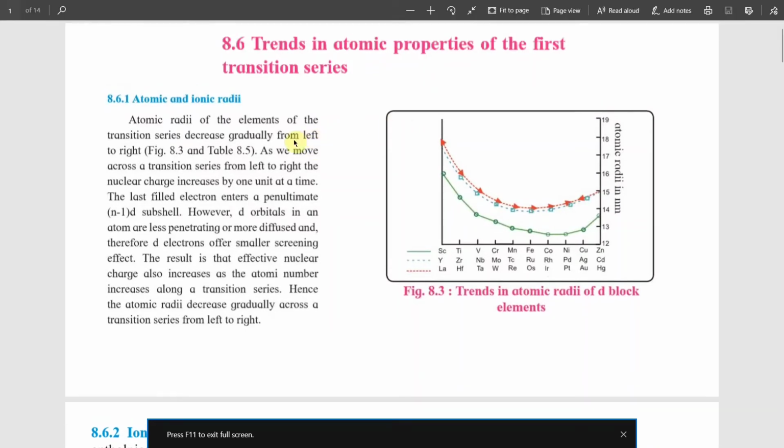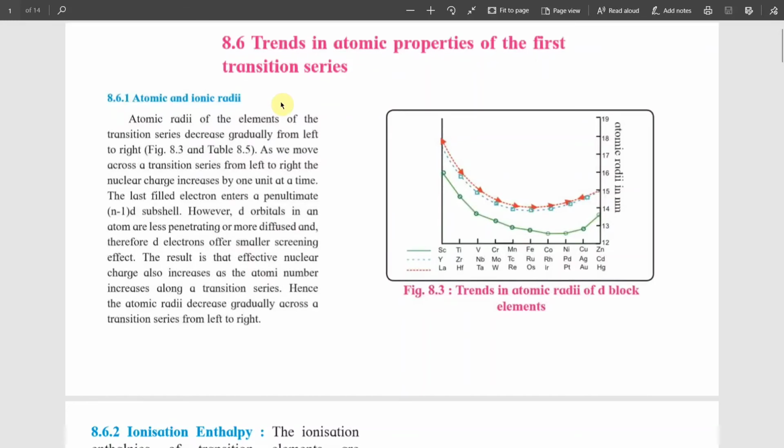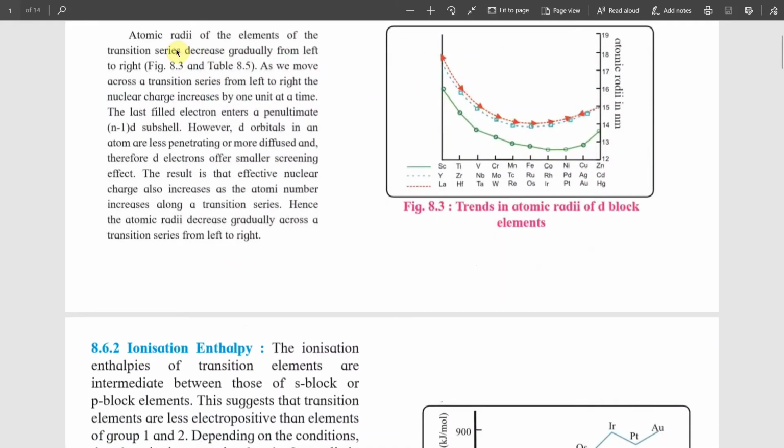Next, we have to observe the trend in atomic properties of the first transition series.